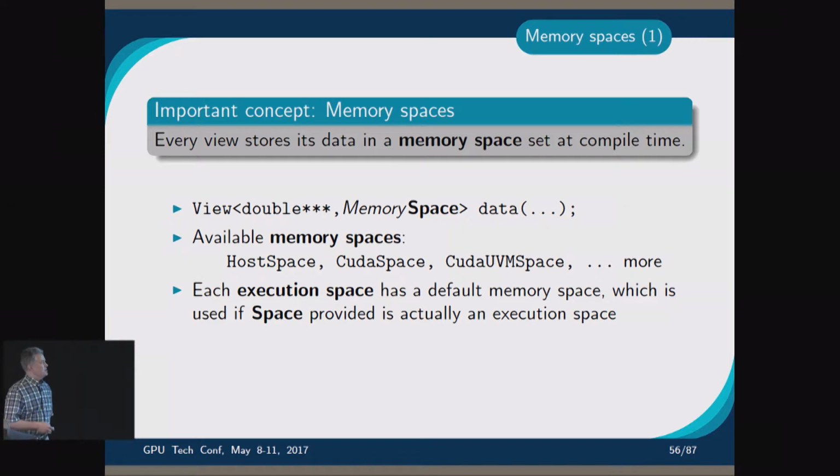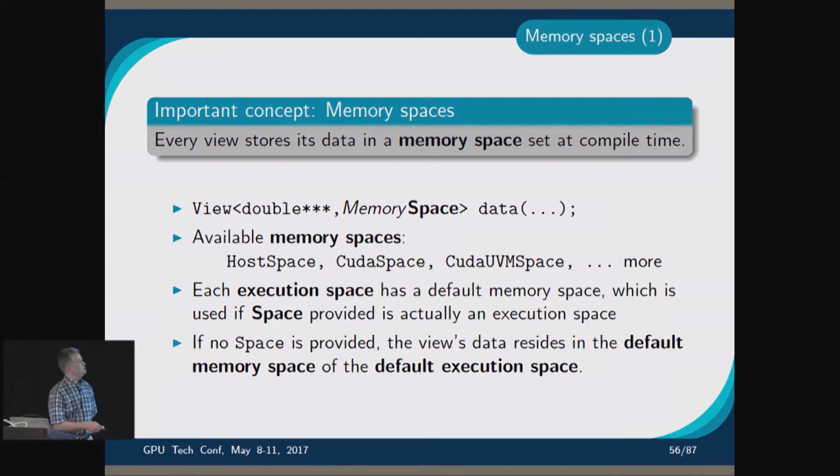Also, to try and keep things as simple as we can, every execution space has a default, or preferred, memory space that it likes best. So this space can be either a memory space or an execution space. If you pass in an execution space, it says you intend to use this view in that execution space, and you didn't tell me which memory in particular, so I'm going to pick the memory that the execution space likes best, and I'll just use that.